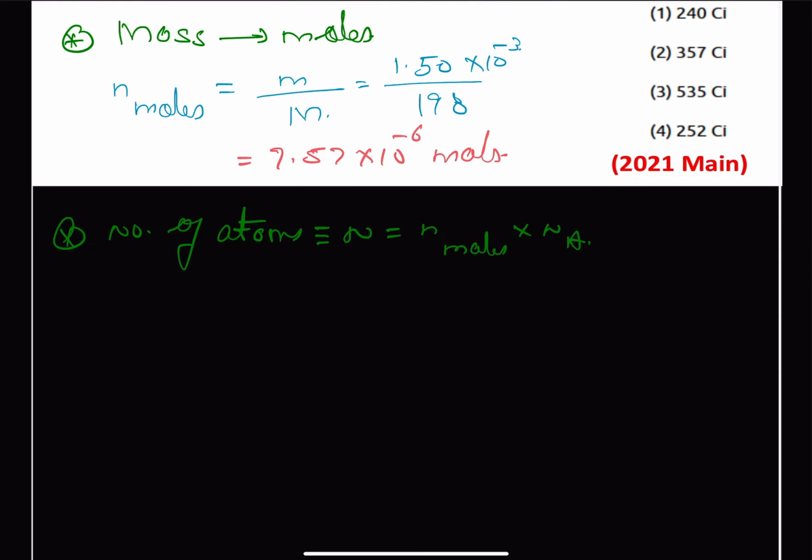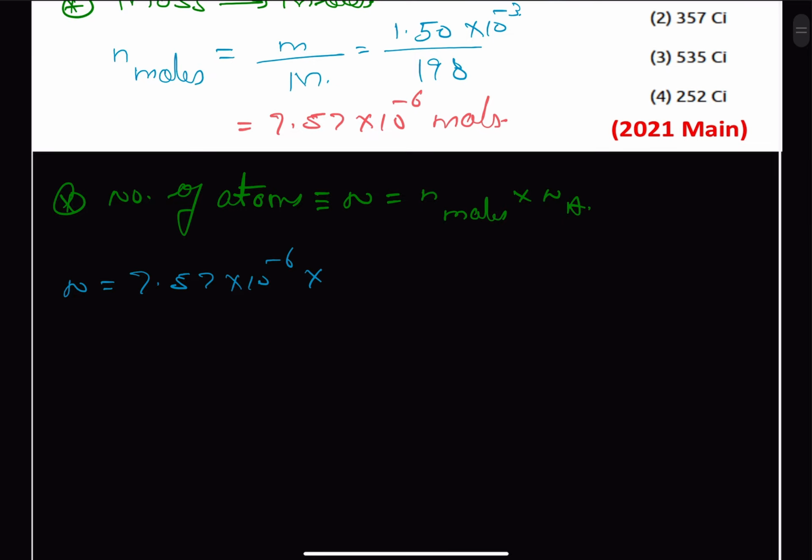So we simply substitute: capital N equals 7.57 into 10 to the power minus 6 multiplied by 6 into 10 to the power 23. And this gives us 4.54 into 10 to the power 18 atoms.